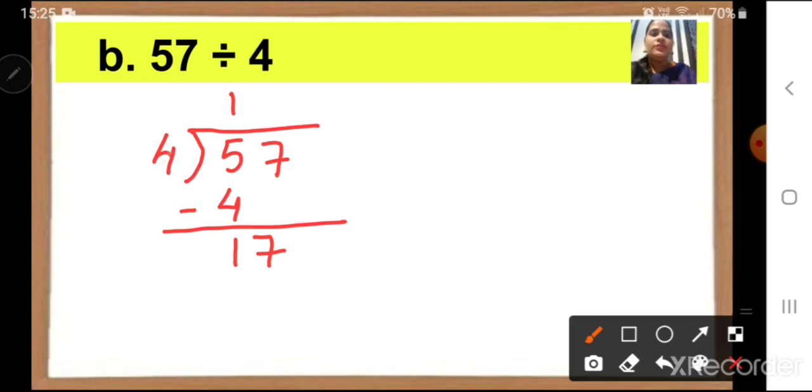So we will write 4 fours are 16, and then we have to subtract. 17 minus 16 is equal to 1. Okay, or 7 minus 6 is equal to 1. 1 minus 1 is 0. So our remainder is 1. Children, here only we have to stop because there is no other number in the dividend, correct? So number 1 is our remainder and number 14 is our quotient.